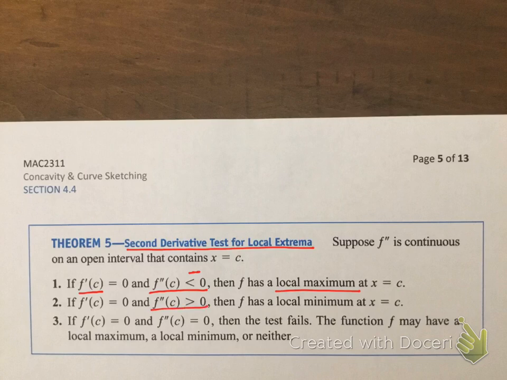If the second derivative within a region is positive, greater than 0, concave up, if I had a first derivative within that region set equal to 0, then it has to be a local minimum. This is simply telling you that if first derivatives and second derivatives are equal to 0, then you can't tell whether or not your function has a local max, a local min, or neither.